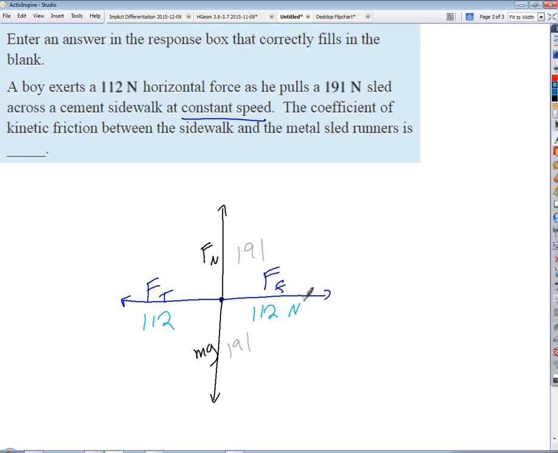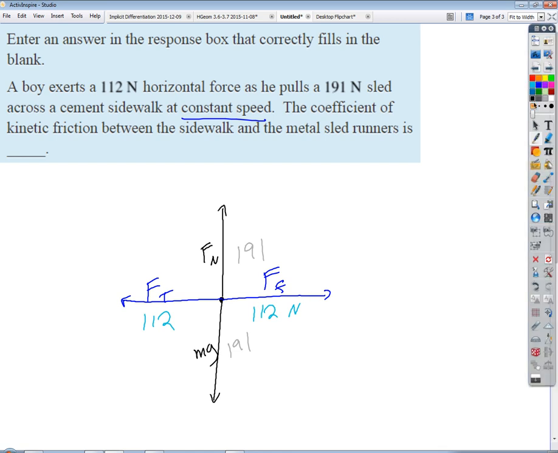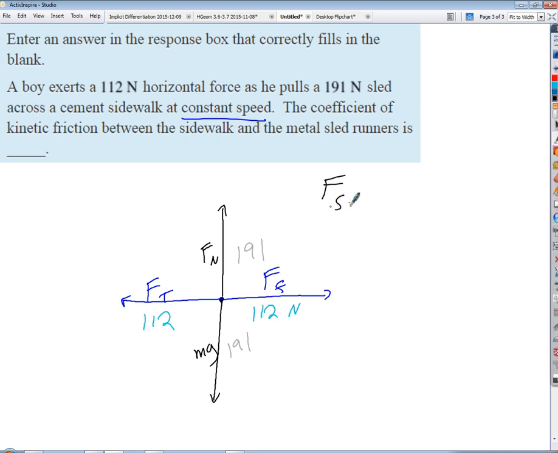So then we want to know what the coefficient of friction is. Well, this takes us back to the equation for a frictional force, which we talked about last week, but it's been a little while. It's in your book though. So what is our equation for a kinetic frictional force? Okay, so we get mu sub k, which is the coefficient of kinetic friction.